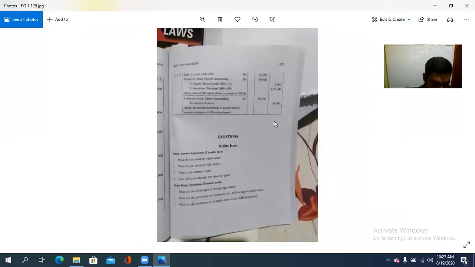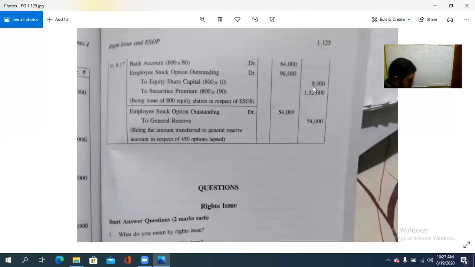See, this is the entry where general reserve, how is it to be? Employees stock option outstanding amount. So we need to put the account as employees stock option outstanding account. So how are the entries to come? See, this is 50,000 here, by employees stock option expenses for the 2 years.